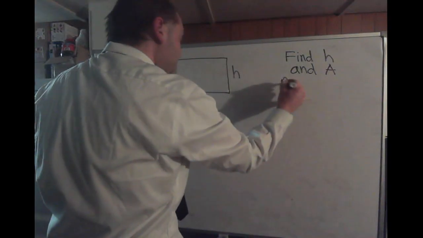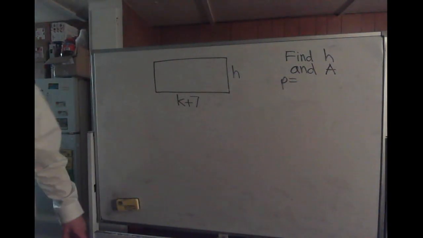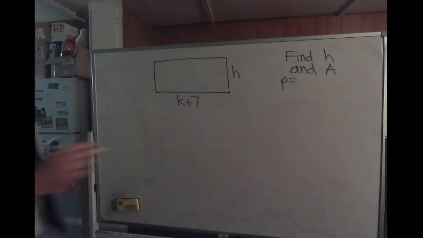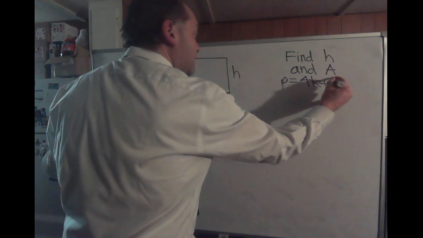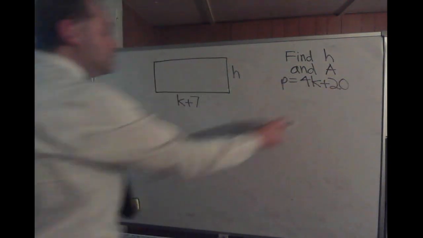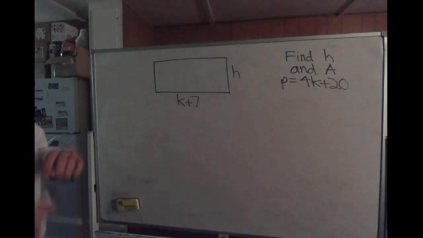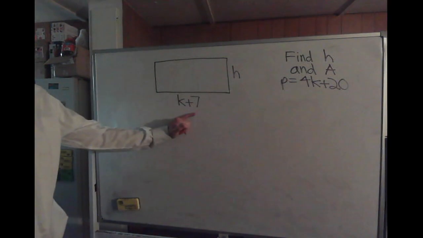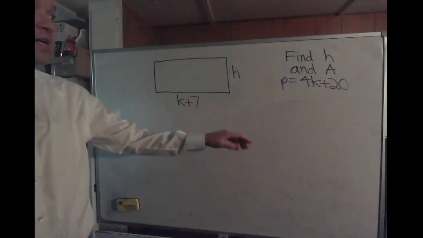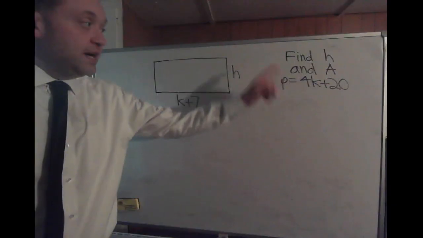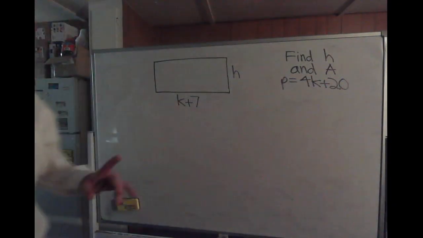They give you in this case that the perimeter is equal to 4k plus 20. So what you get is a base of k plus 7. You don't know the height, which is one of the things you've got to find. And you also have to find the area, but your perimeter is 4k plus 20.